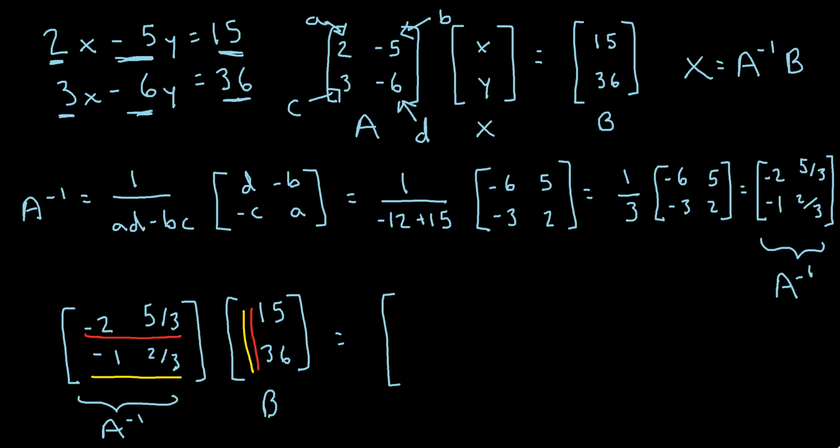We get negative 2 times 15 plus 5/3 times 36. And then we have negative 1 times 15 plus 2/3 times 36.